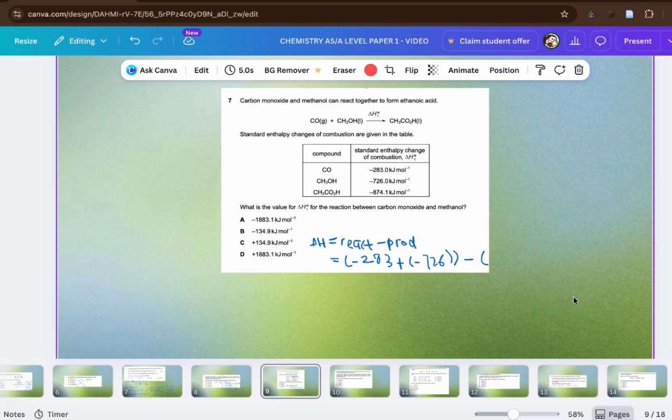Minus negative 874.1, which is about negative 1009. Of course, negative turns to a positive, plus 874.5, which results in 134.9, which gives us B.